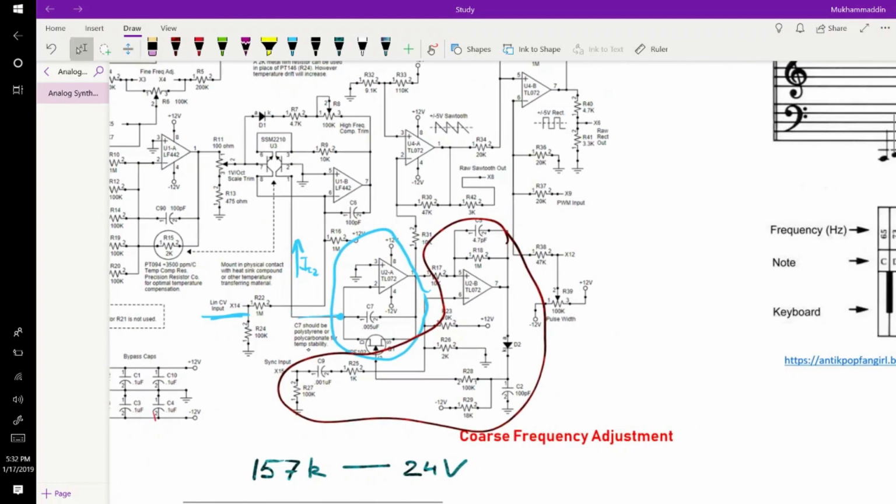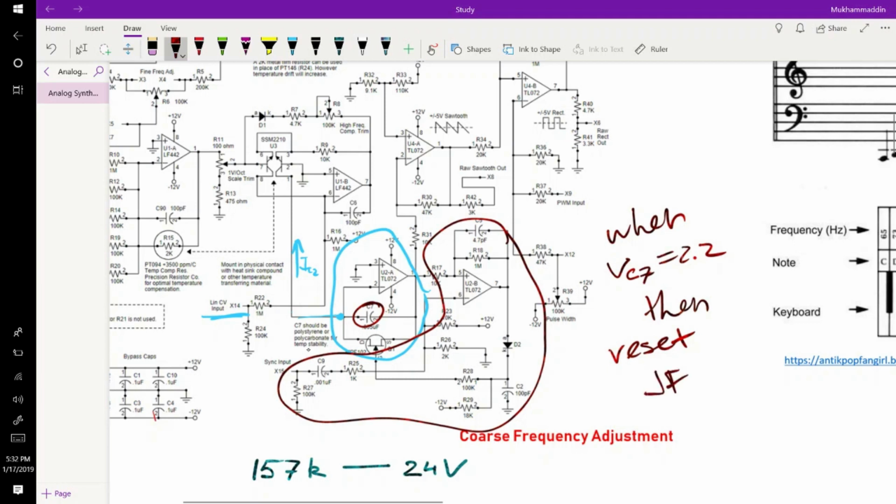It says when VC7, the voltage across this capacitor, reaches 2.2, then reset the JFET.